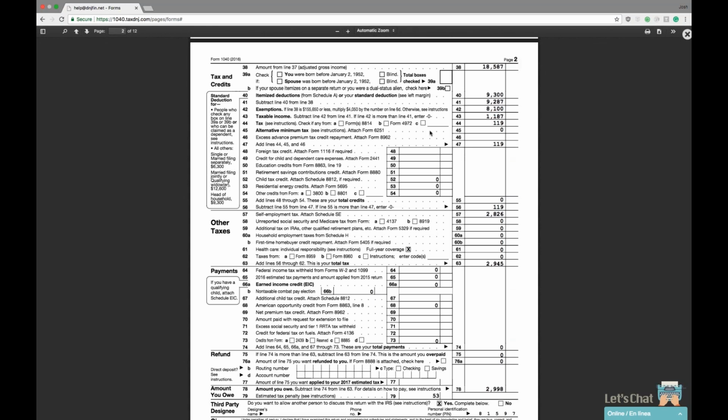The only way that you can escape paying self-employed tax is this. Let me show you. We have already determined that we have no non-refundable credits, right? Non-refundable credits equals 0 for this return because there's none.